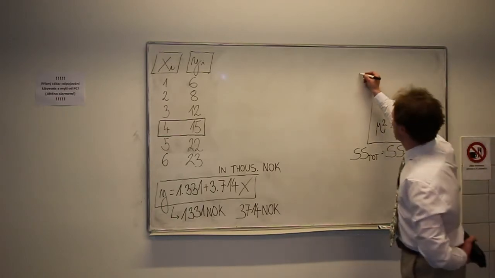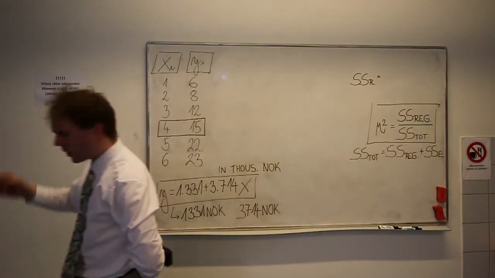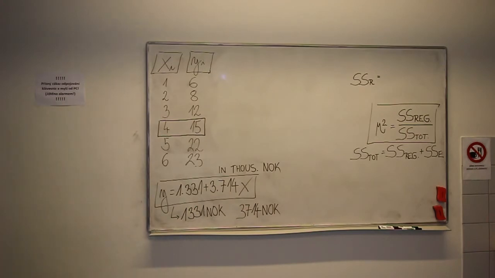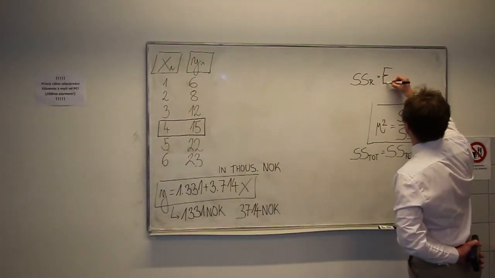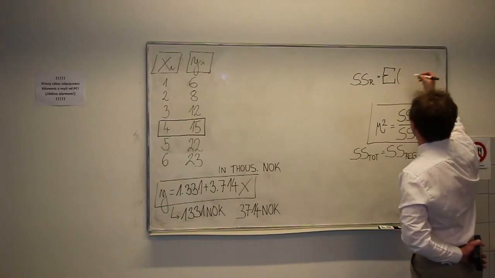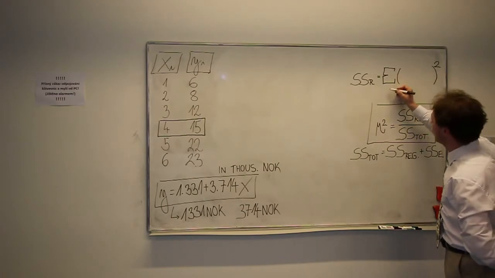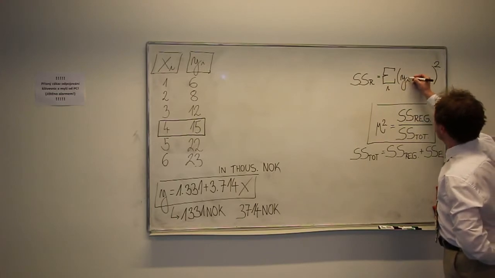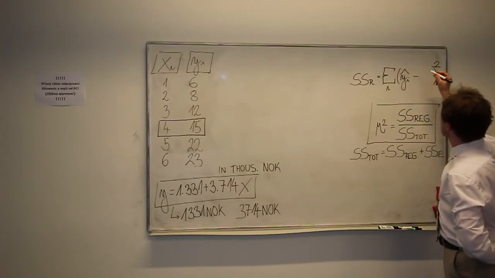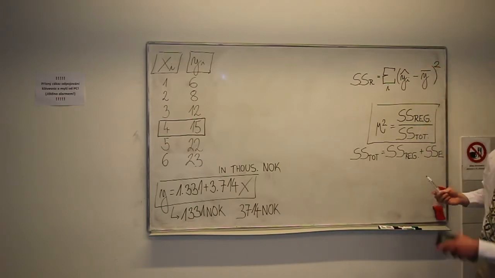So we will start. Sum of squares regression is equal to, I have here opened the formulas, the summation of squared differences, summation through all i, and we have here y estimate minus the total mean of variable y.